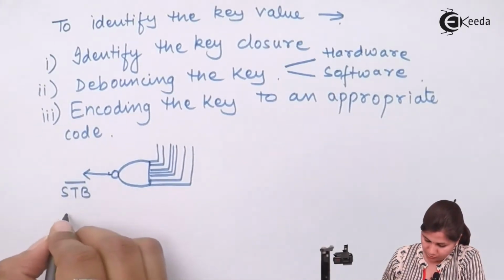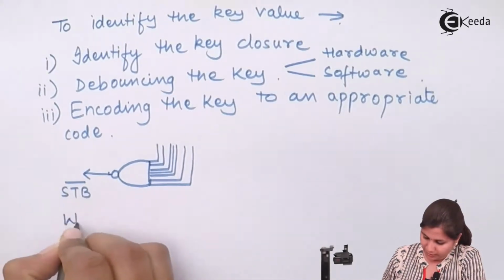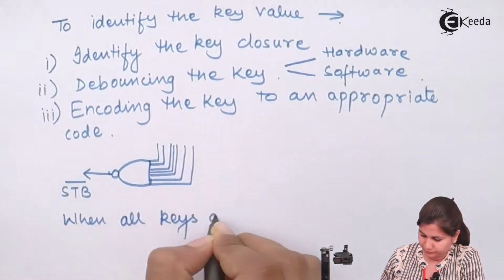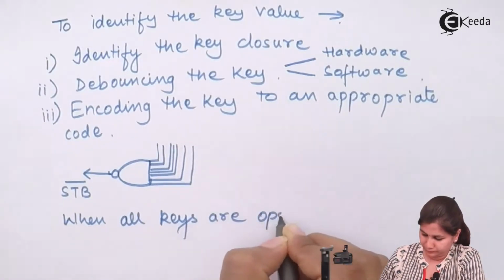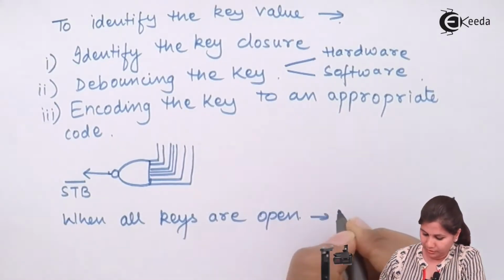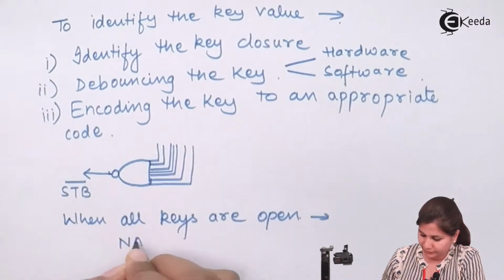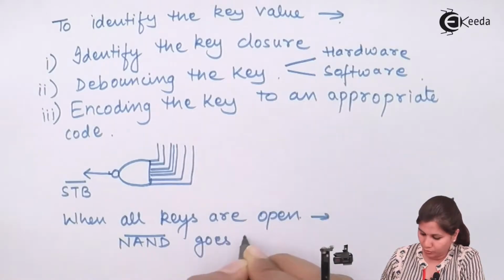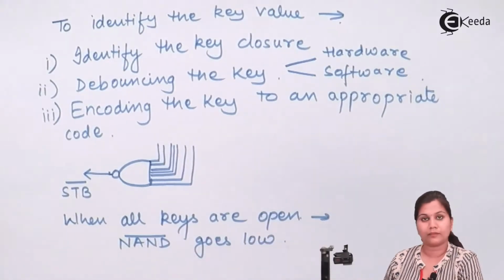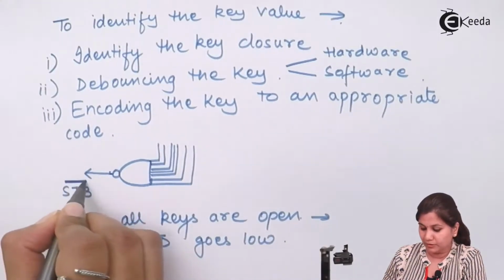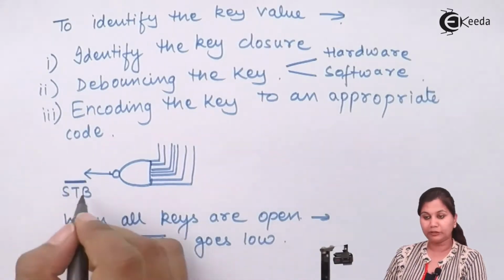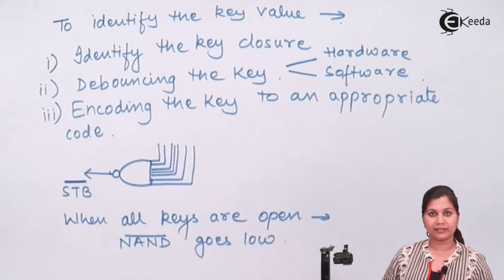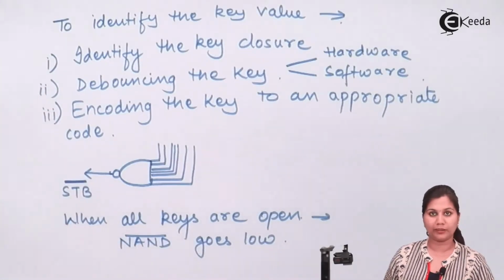Now when all keys are open, then the output of the NAND gate is low. That means that this STB bar signal will be activated. This way, the output of the NAND gate goes low, and STB is low.